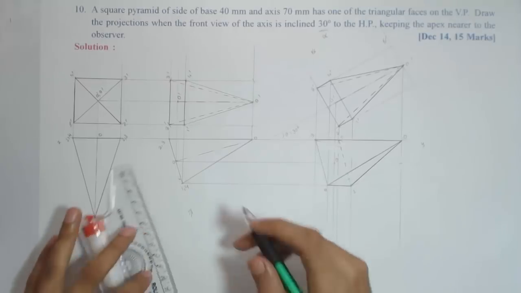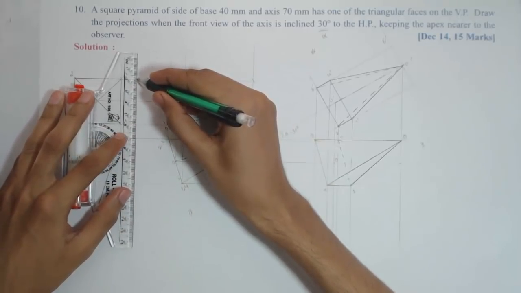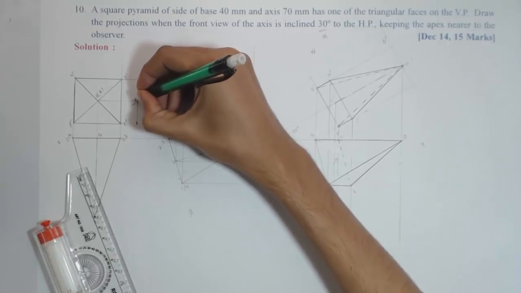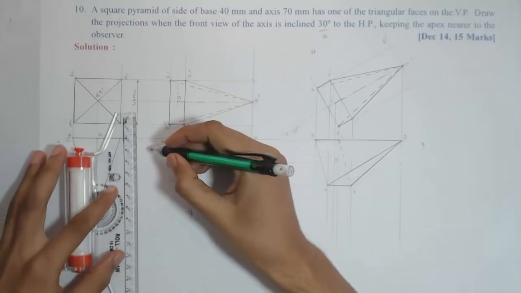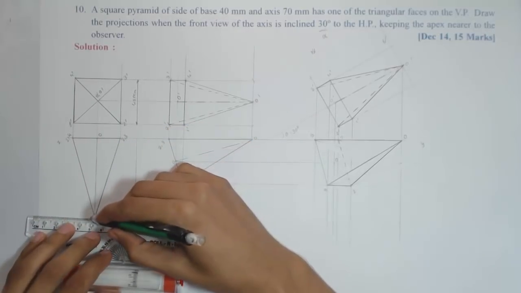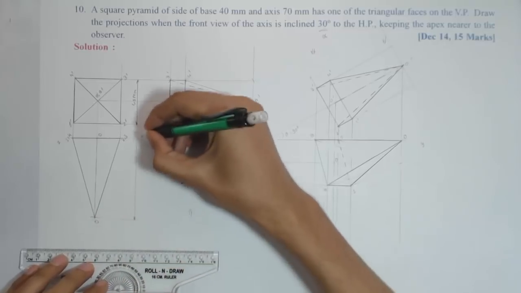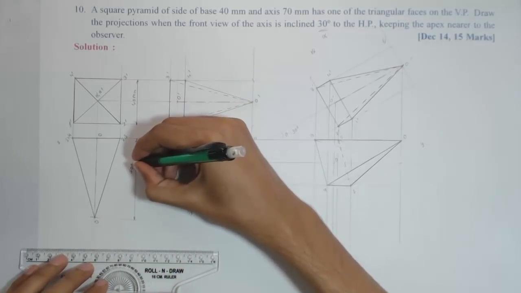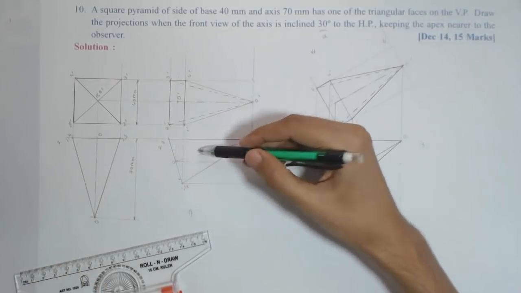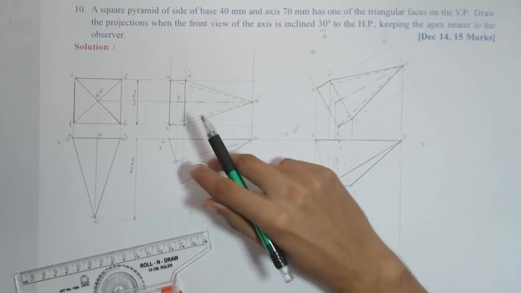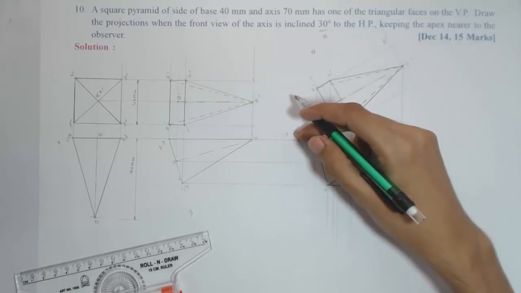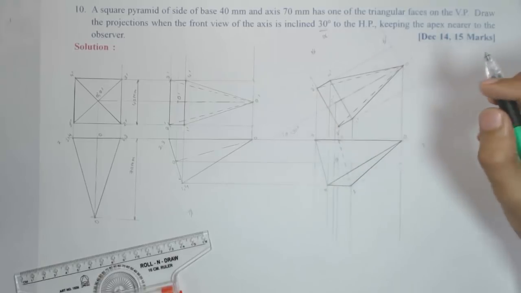Now we'll show the base edge 40 mm, axis height 70 mm, then the triangular face lying on the HP. Then the front view of the axis inclined at 30 degree to the HP, that is already shown.